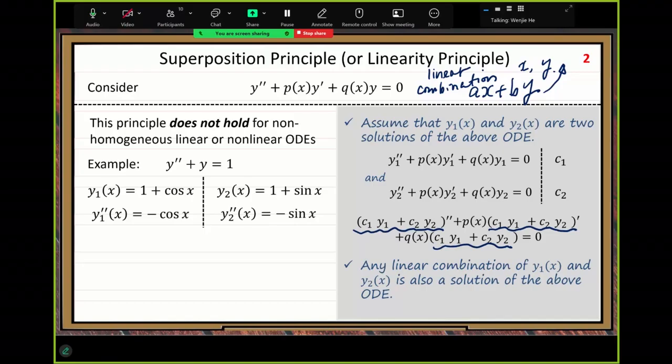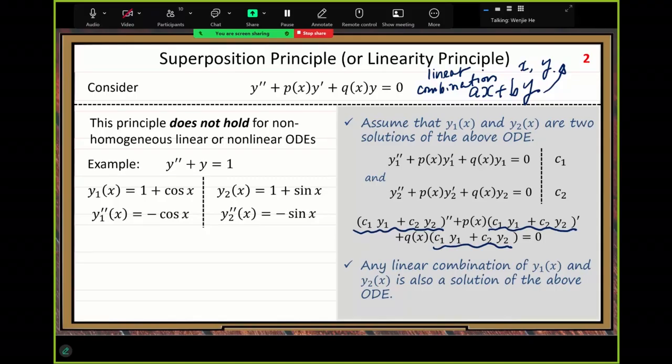Adding together, they cancel out. Now, you agree there are two special solutions, not general. Later we will call each one a particular solution.